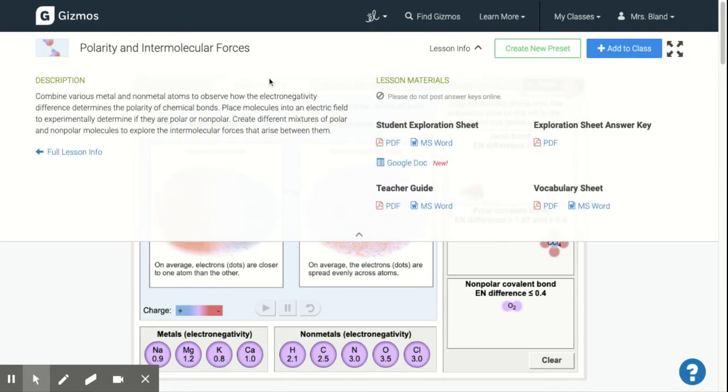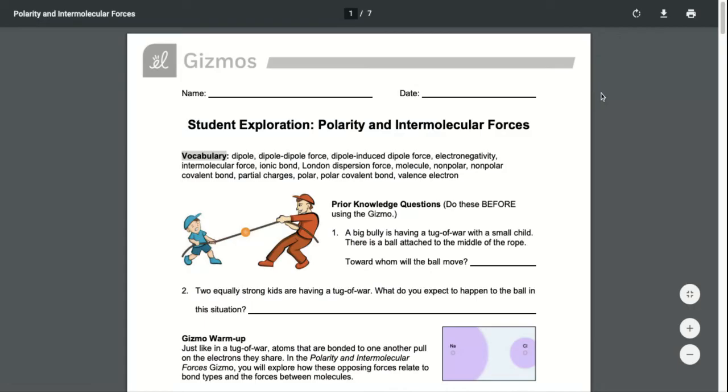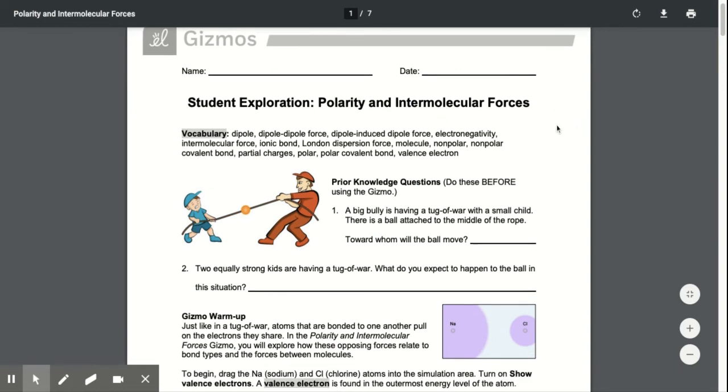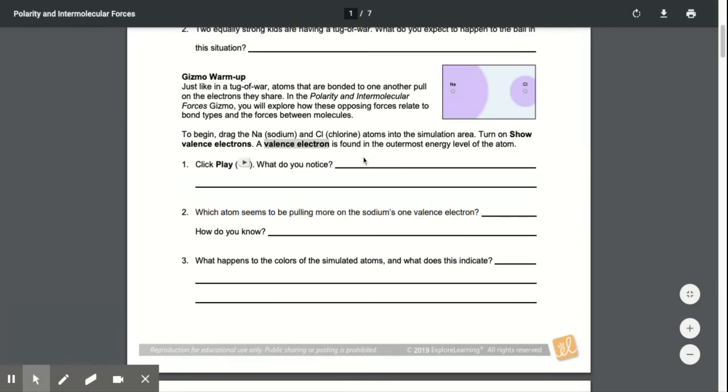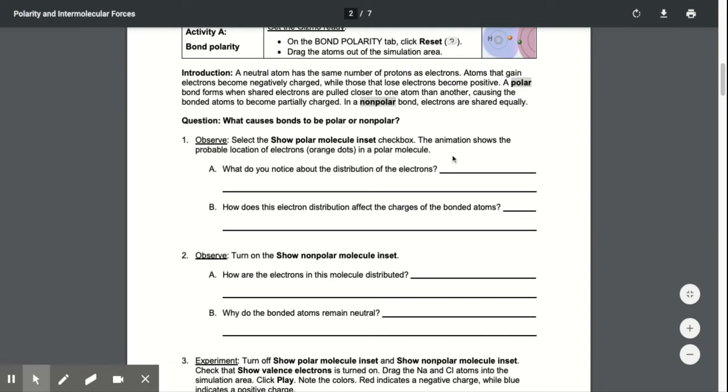So if I go back here, let's see if this takes me to the right tab. Okay, so I switched it. It should be showing you this tab now. So this is the Gizmo. I think it was a Google Doc, so you can just type right in it. Basically, you just have some situational questions to answer here, kind of a warm up of like, what do you see happening? Try to be specific with the electrons because that's really what the focus is.